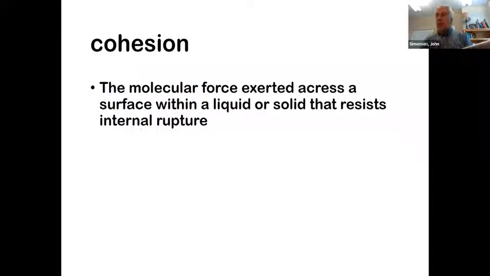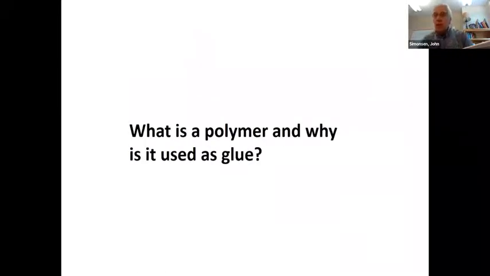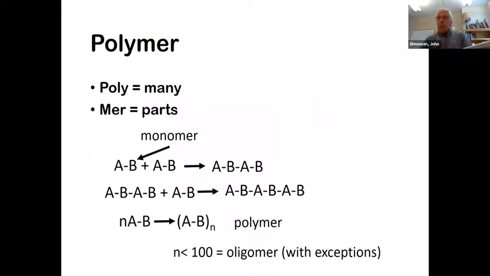Okay, that takes us through surface energy. So now let's talk about polymers and why they're used as glue. I've said this before: poly means many, mer means parts, so polymer means many parts. And you make a polymer like this.